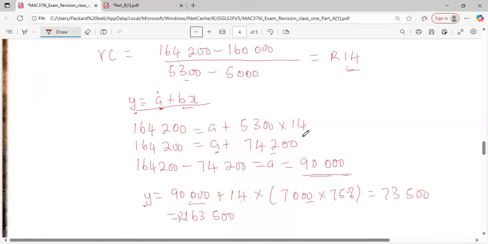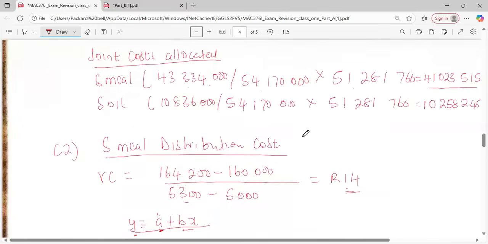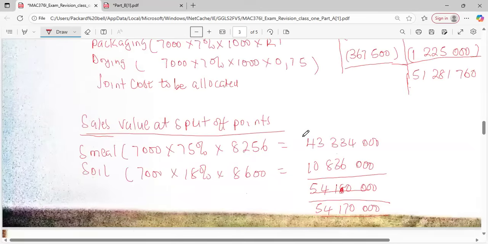For example, based on part A that we were doing now, on the allocation here, on the soil, maybe I happen to use 87-something instead of 8,600. Yes, I use that one.